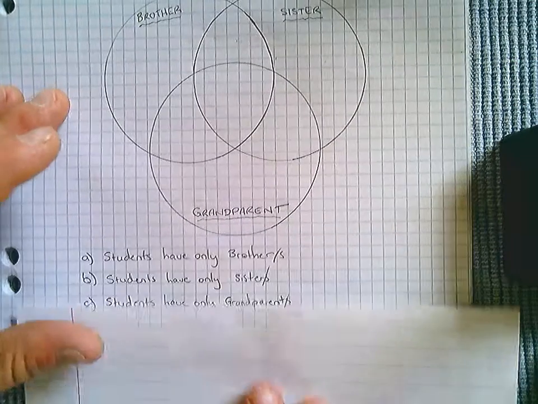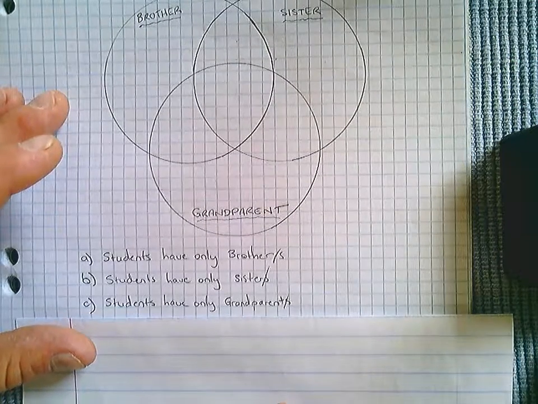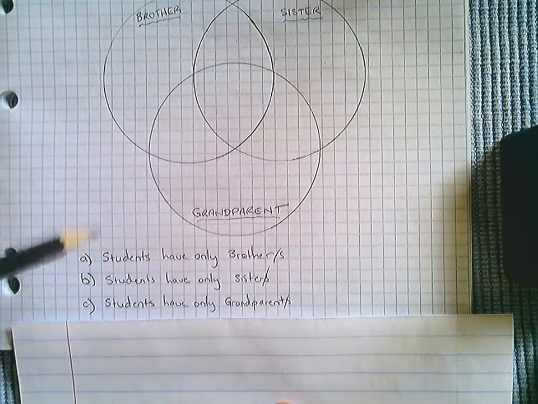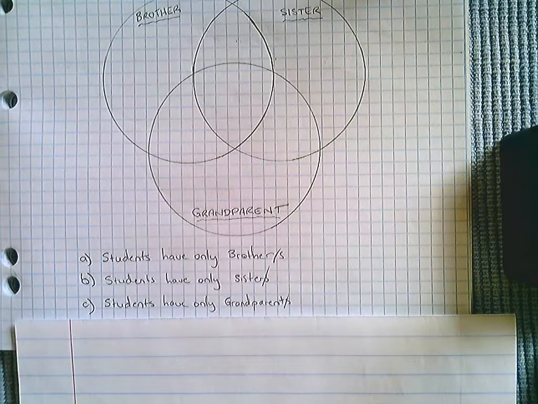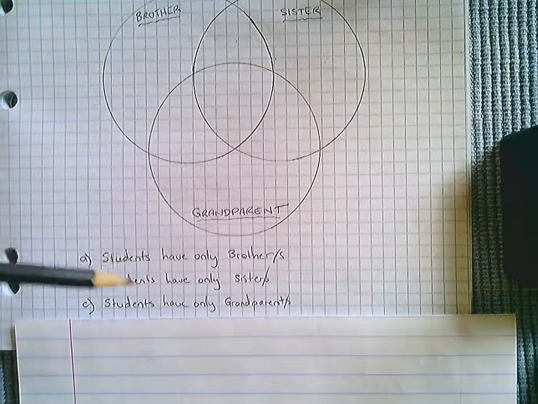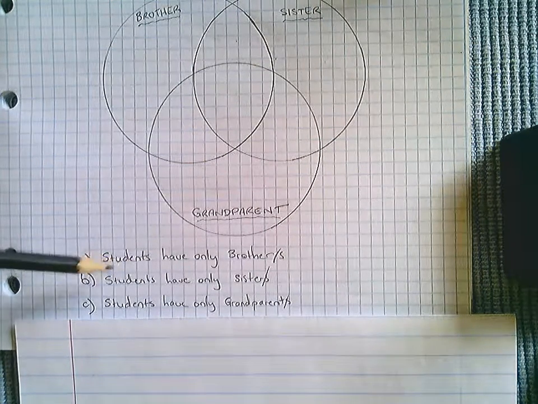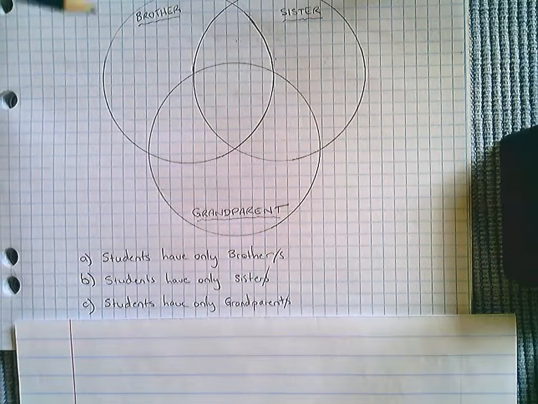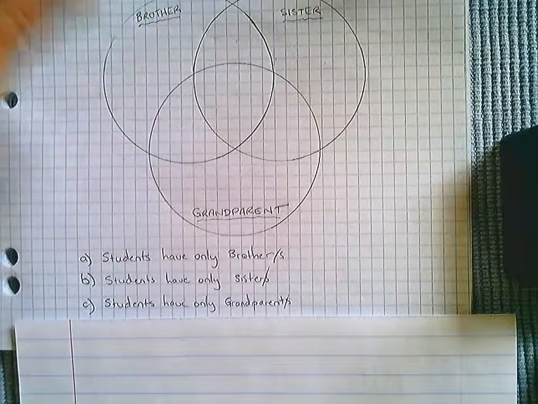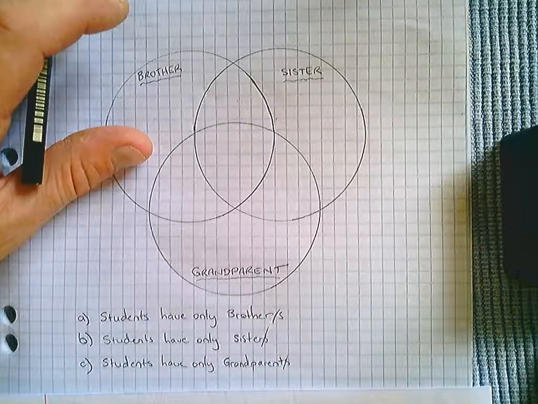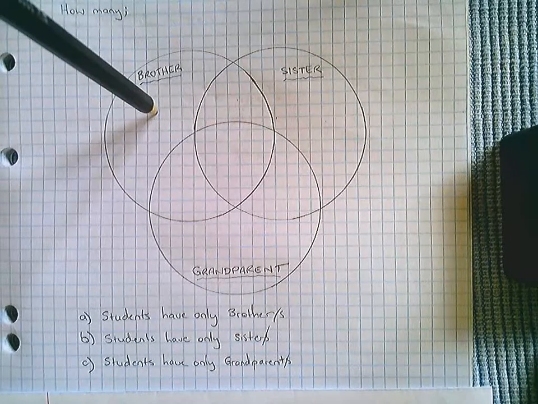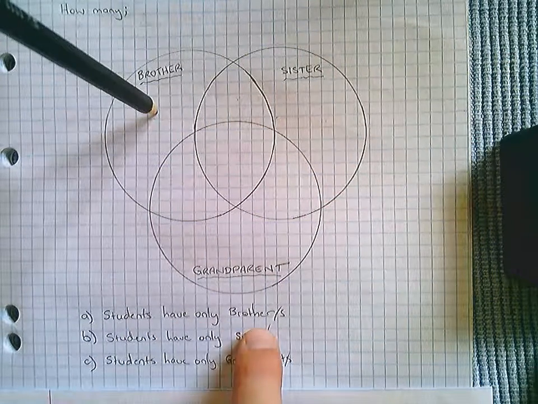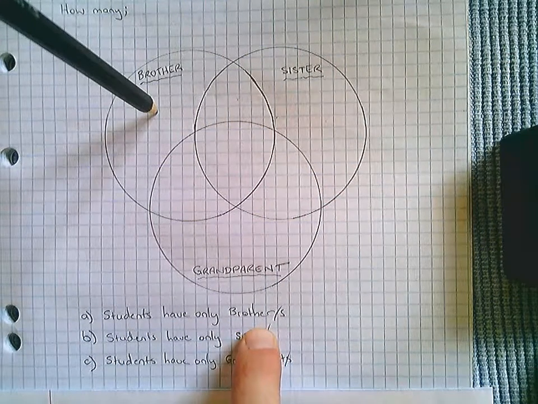Now it's not just one question, we had question A, B, C. So question A asks, how many students have only brothers? Basically it means if they have one brother, then that satisfies this question. So it's really asking for this value here, which is, if I scroll down to get the Venn diagram in view, this value here represents students who only have a brother or brothers.